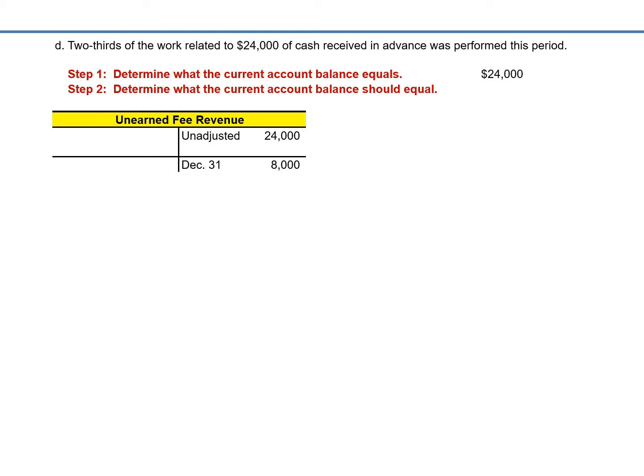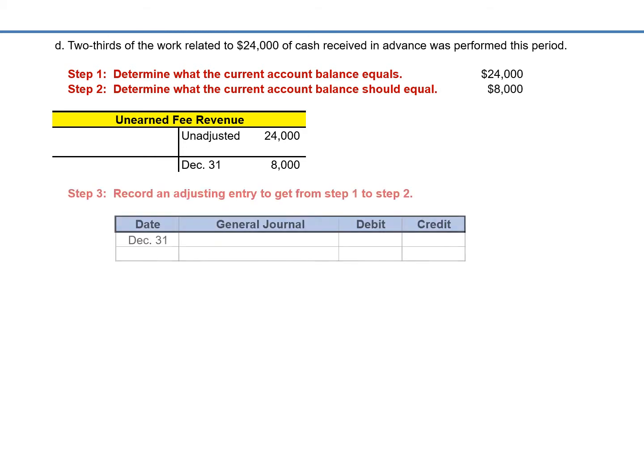And so to get from a credit balance of 24,000 to a credit balance of 8,000, we need a debit to reduce that balance of $16,000. So we have a debit to unearned fee revenue of $16,000 and we have a credit to fee revenue of $16,000.